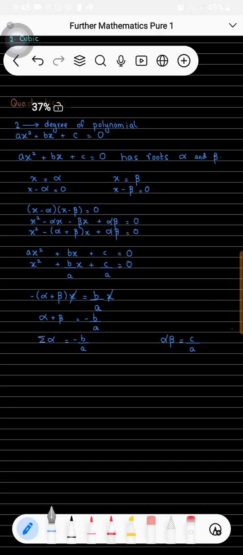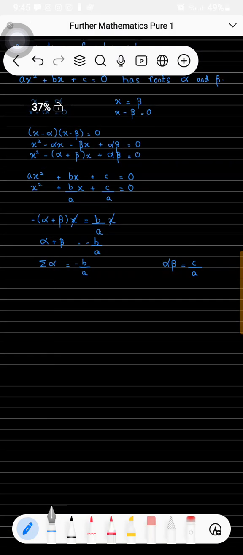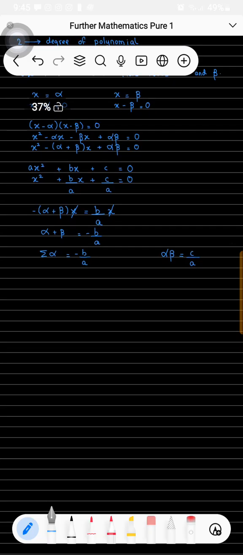Okay, I think we should do a question. I am not introducing the third formula, I will introduce it later. So currently we are going to move to the question. Let me copy out the question from the book.